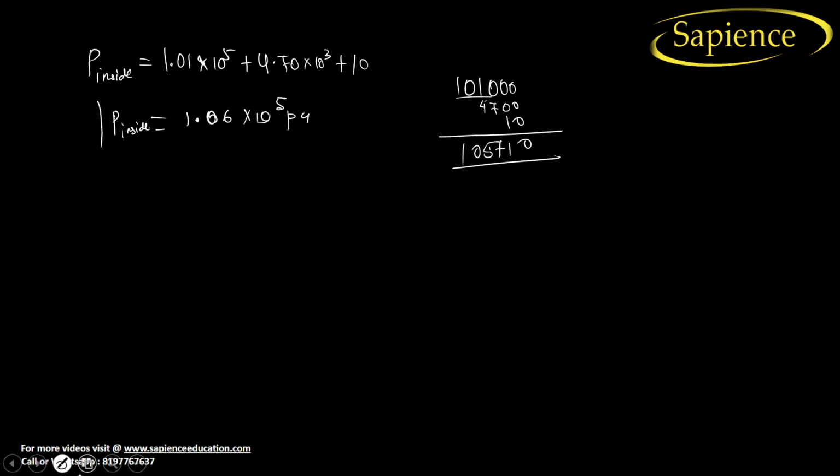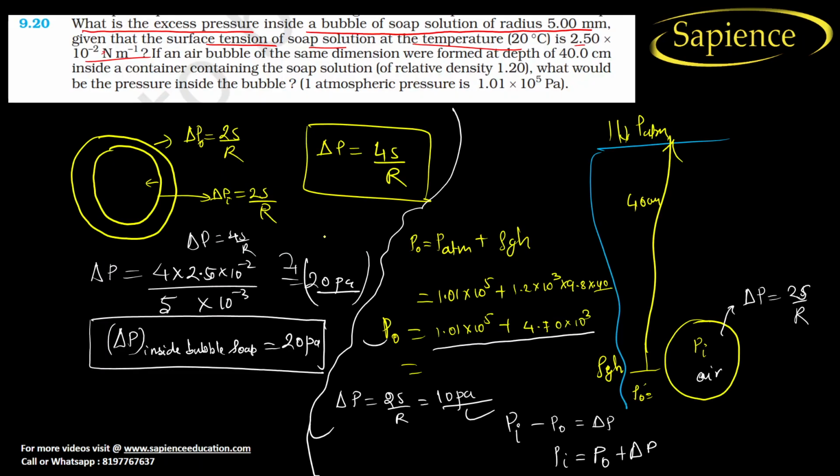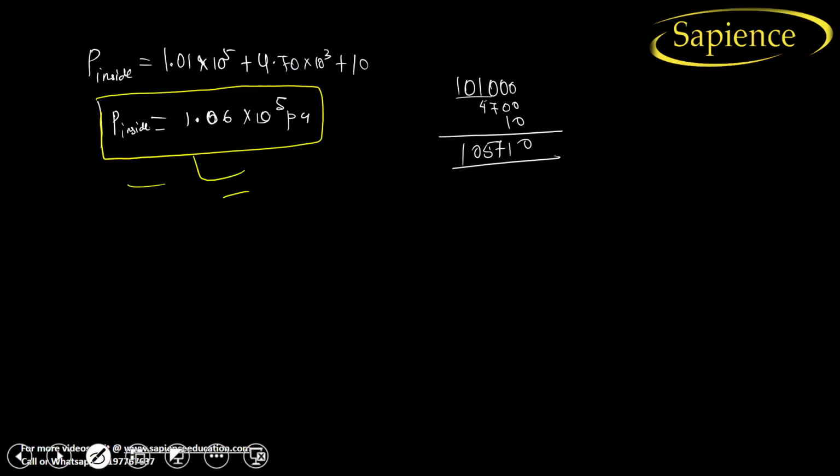When we observe, most of the time the pressure or excess pressure is approximately equal to atmospheric pressure, so there is no drastic change. I hope you have understood this question. This is the part A question, and this is the part B question. In part B we need to find the pressure inside.